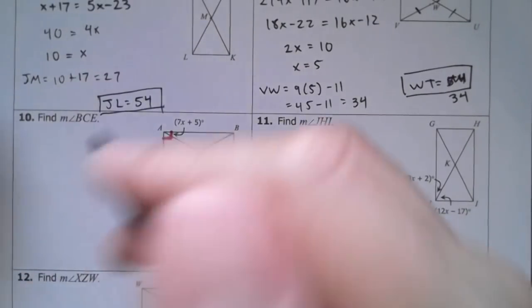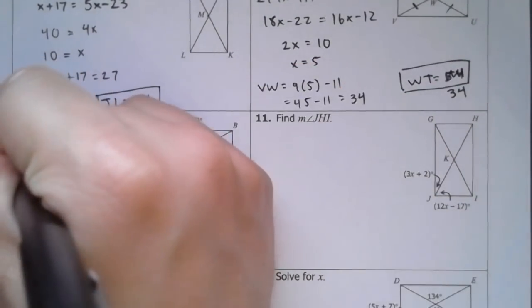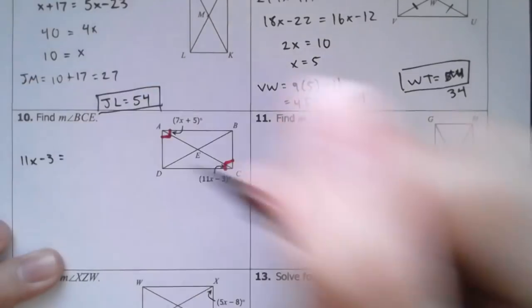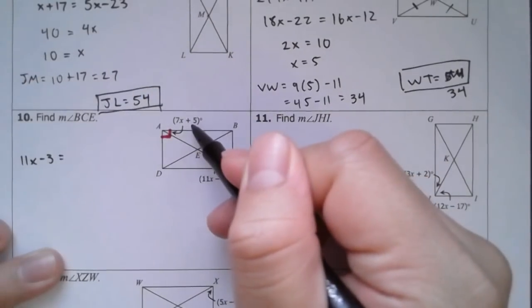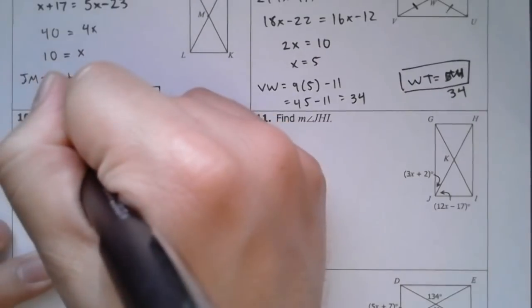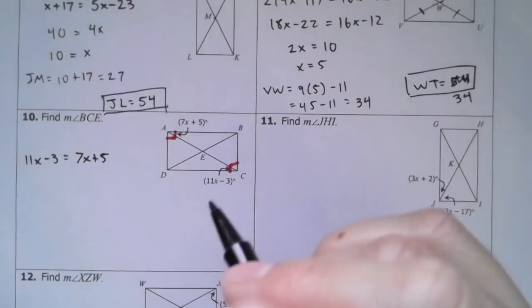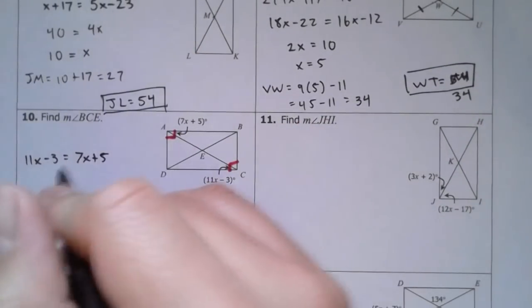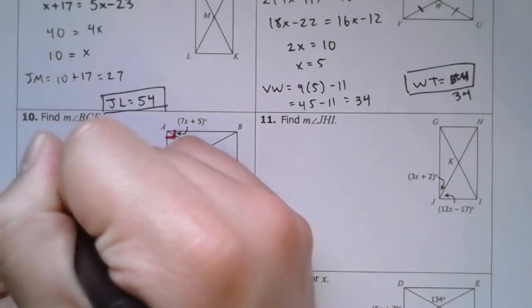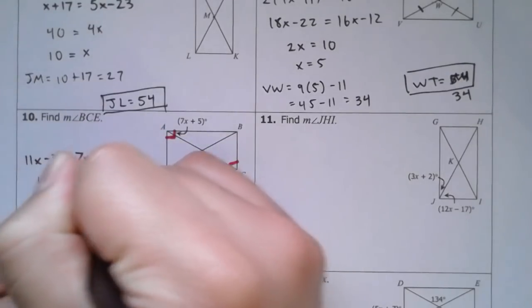So they are equal. So 11x minus 3 is equal to 7x plus 5. And we'll come back to the red marks I made there. So that's all for x. I get 4x is equal to 8, and I get x is equal to 2.